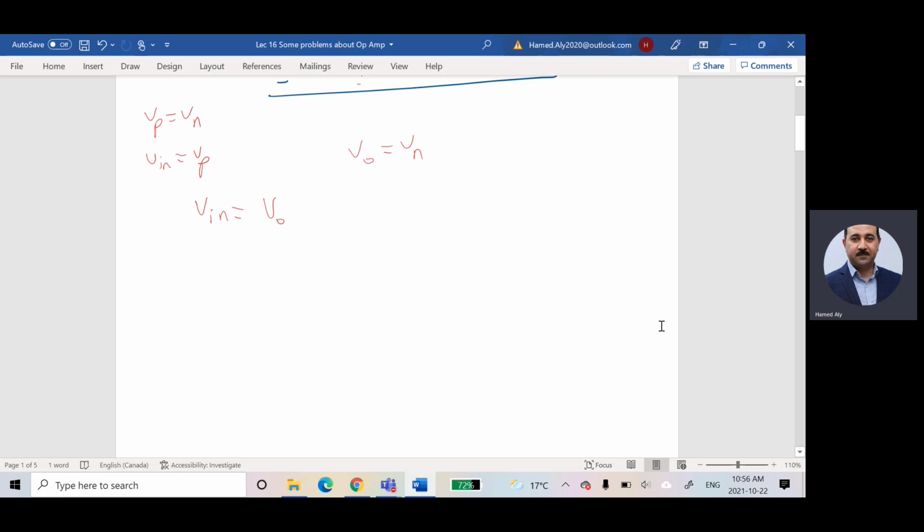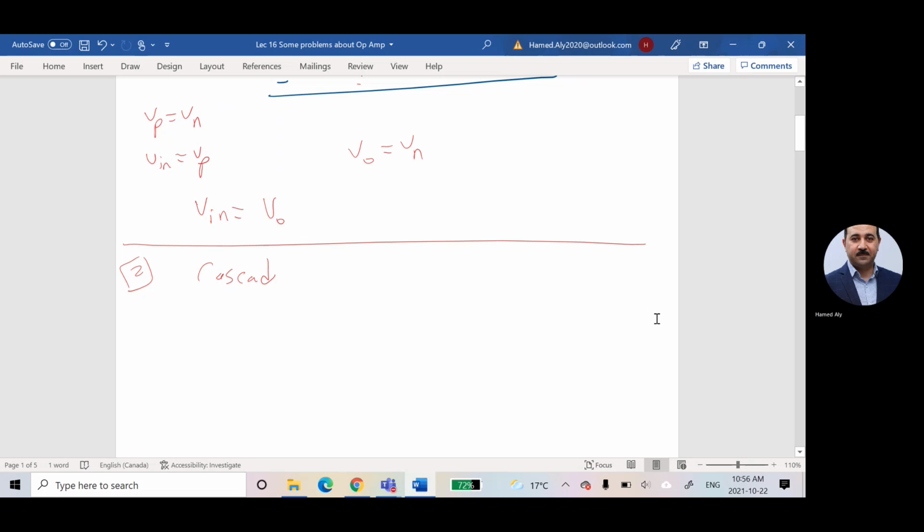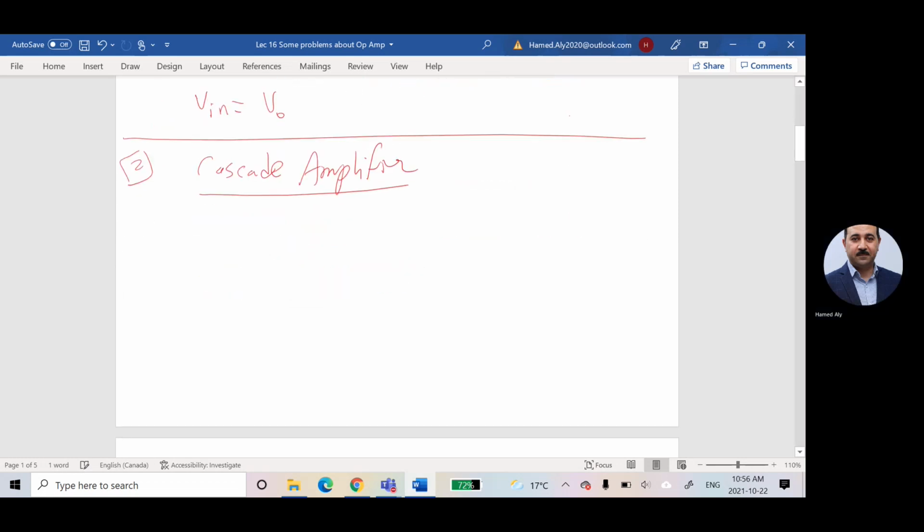Now, let us talk about the second configuration for the operational amplifier, something called cascade operational amplifier. For that, we are using two different operational amplifiers connected like that.